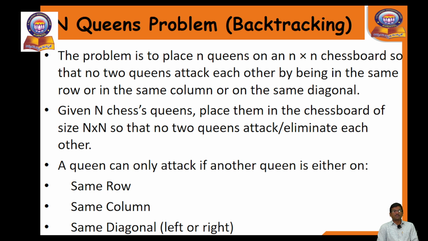Given n chess queens, place them on a chessboard of size n by n so that no two queens attack or eliminate each other. A queen can only attack if another queen is on the same row, the same column, or the same diagonal. So what is actually the n queens problem?